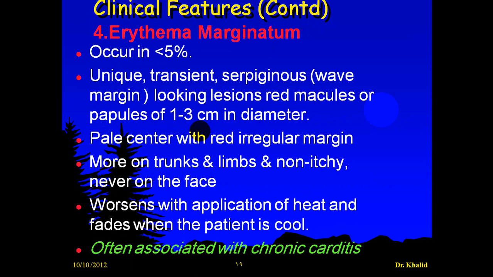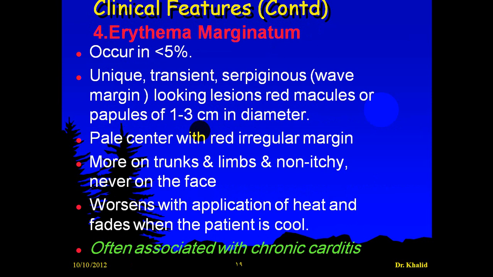Erythema marginatum is the least common. Nowadays it is the least common, occurring in less than 5%. These are unique, transient, serpentinous, wavy-margined lesions, macules or papules of 1 to 3 cm in diameter. They have a pale center with a red irregular margin, more on the trunk and limbs, not itchy, and never involving the face.